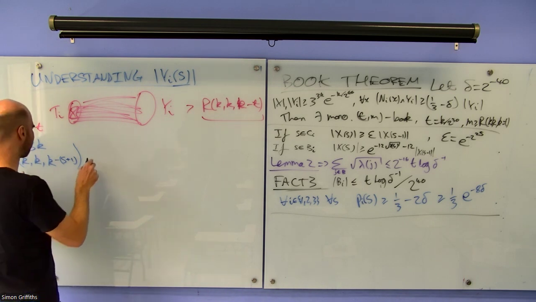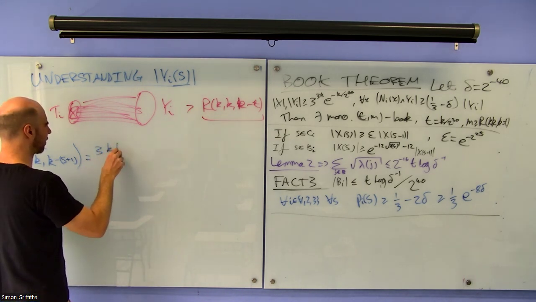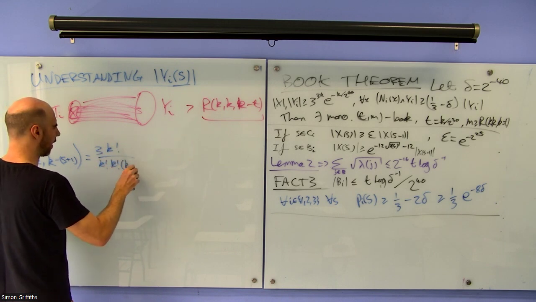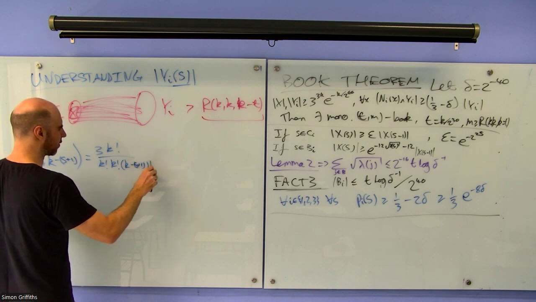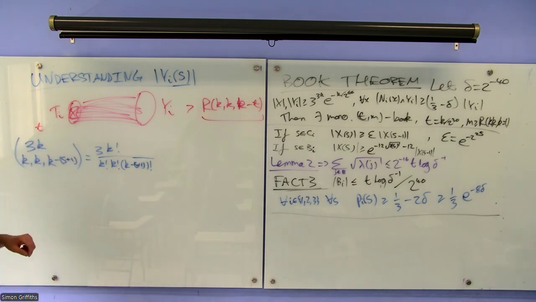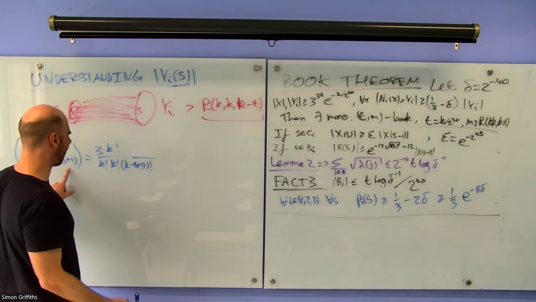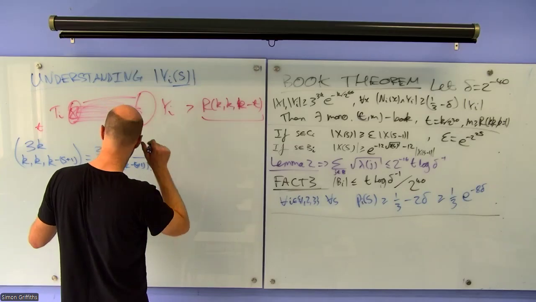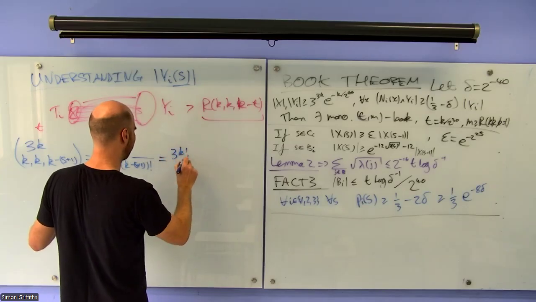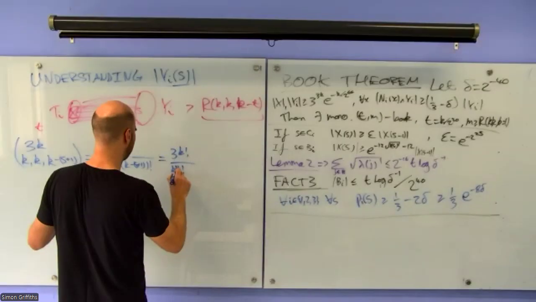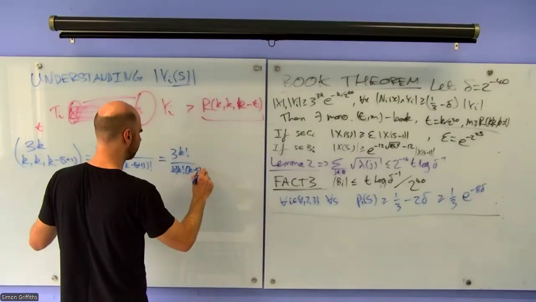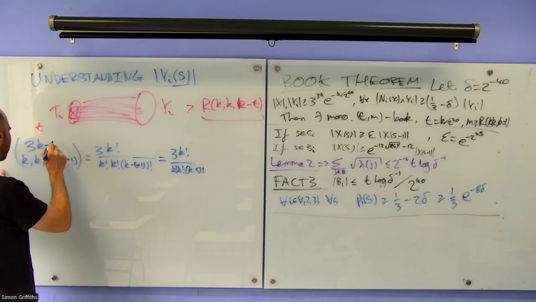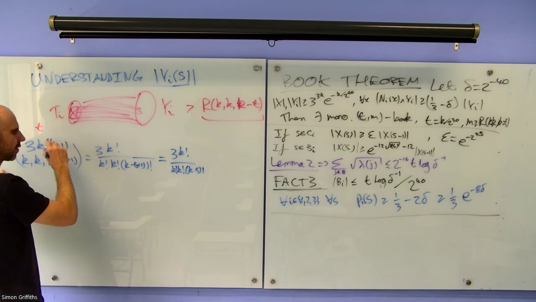Now, if I write that, that's 3k factorial over k factorial, k factorial, (k minus s plus 1) factorial. And I want to compare this to one where I just have s, so 3k factorial over k factorial, (k minus s) factorial. I'm doing the wrong thing, because I don't want 3k. This is also going to go down.